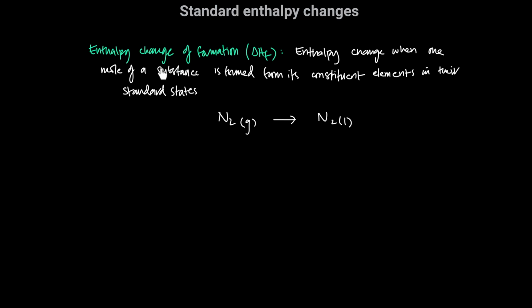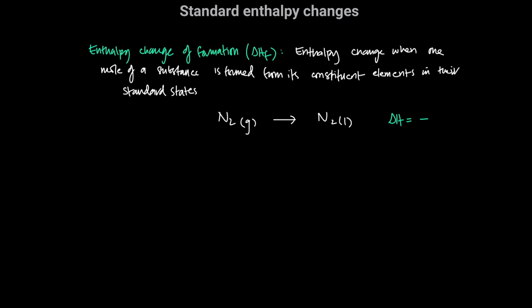So you're forming liquid nitrogen in a non-standard state from the element in its standard state. This enthalpy change would be exothermic because condensation is exothermic, whereas boiling, the reverse, is endothermic.